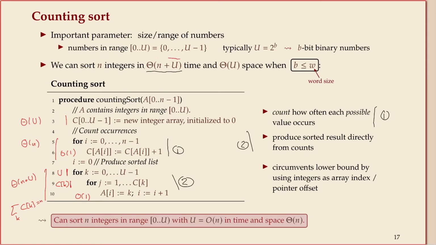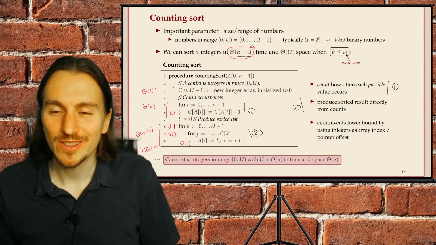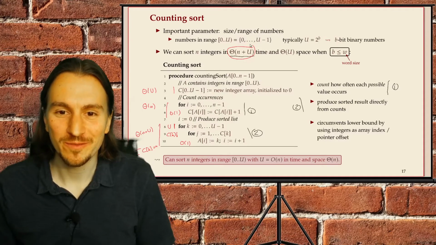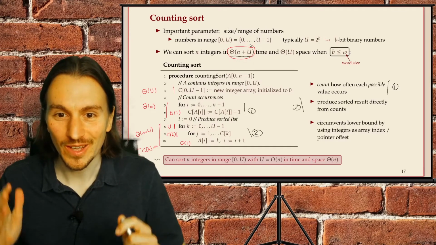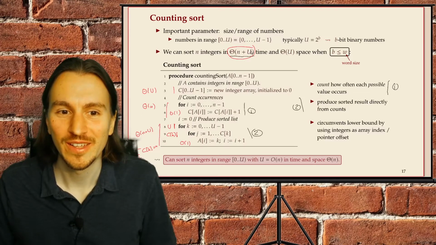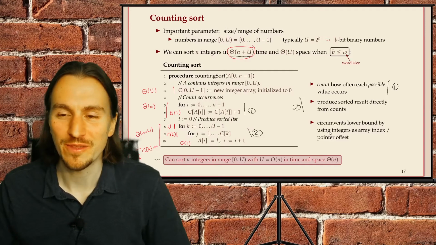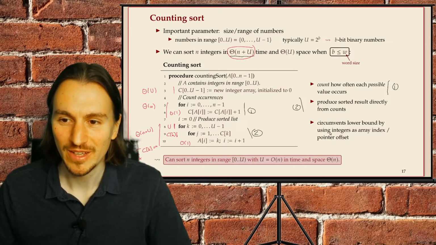So that's precisely our claimed running time. And let's briefly see, this is less than n log n if u is not too big. How is this possible? How does this algorithm circumvent the comparison-based lower bound?